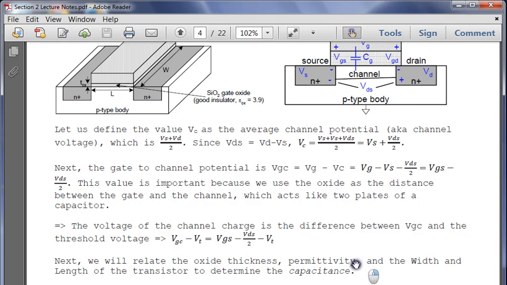So now the voltage of the channel charge is the difference VGC. So now we actually have the difference between our gate voltage and the threshold voltage. So now this becomes VGS minus VDS over 2 minus the threshold voltage.